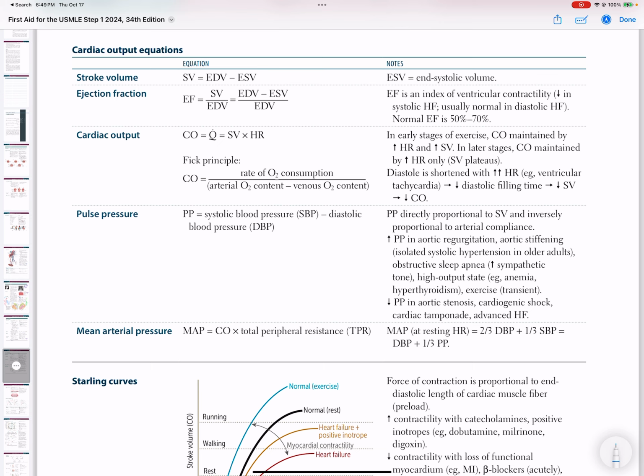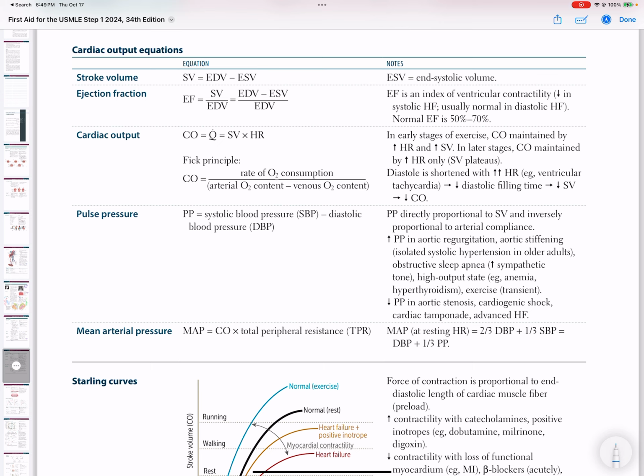According to Fick's principle, cardiac output is rate of oxygen consumption divided by arterial O2 content minus venous O2 content. So in early stages of exercise, cardiac output is maintained by increasing heart rate and increasing stroke volume. In later stages, cardiac output is only maintained by increased heart rate because stroke volume plateaus.